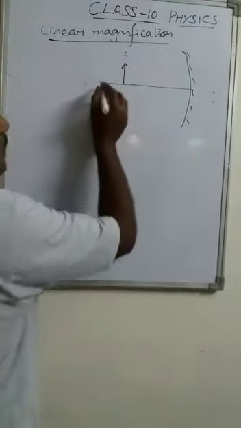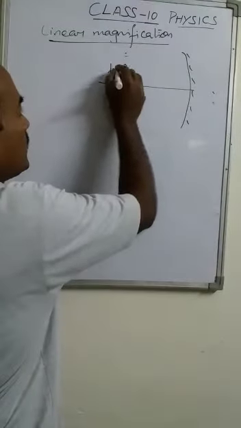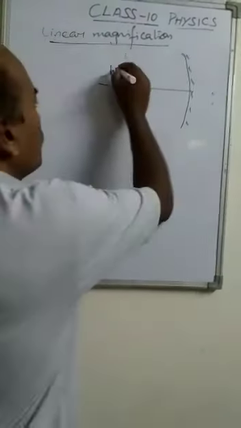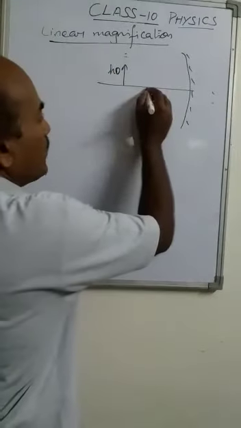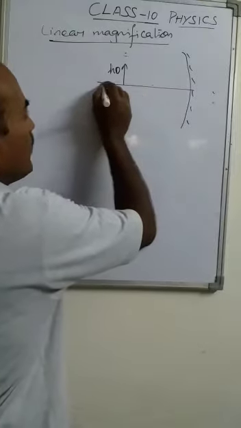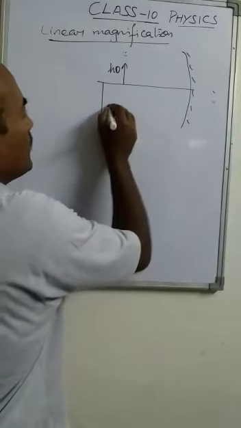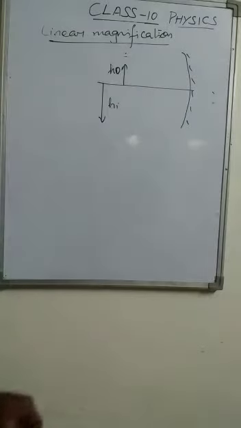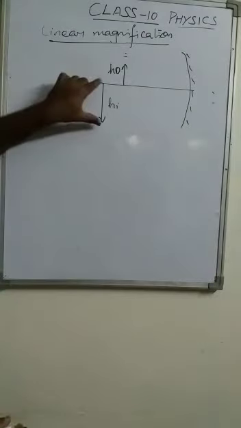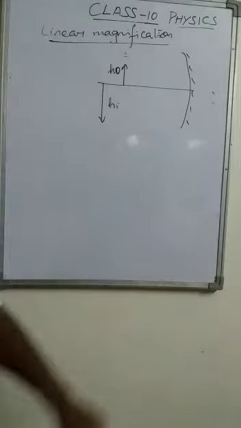Let us take the size of the object as HO. It forms the image. Suppose the image formed is like this. It is HI.